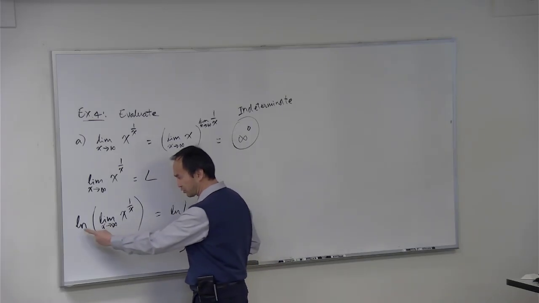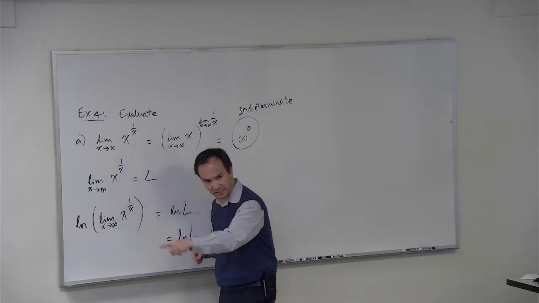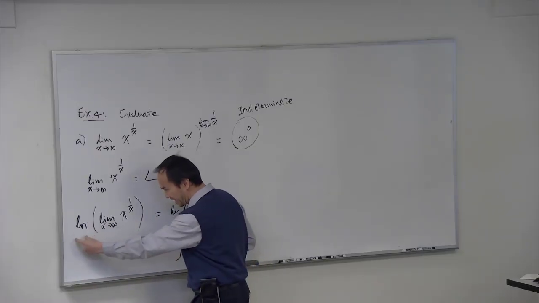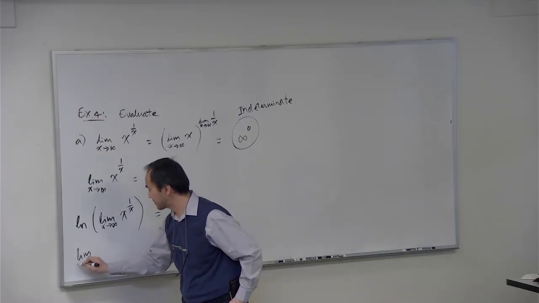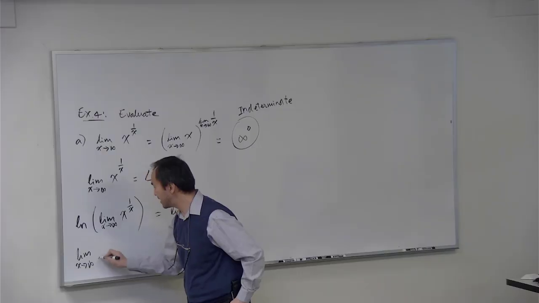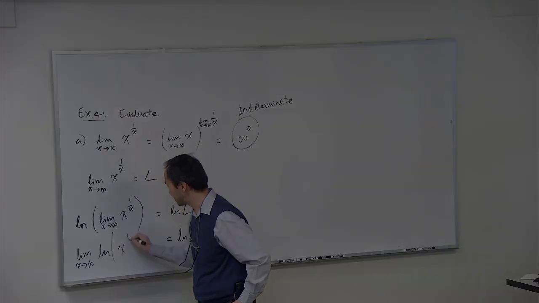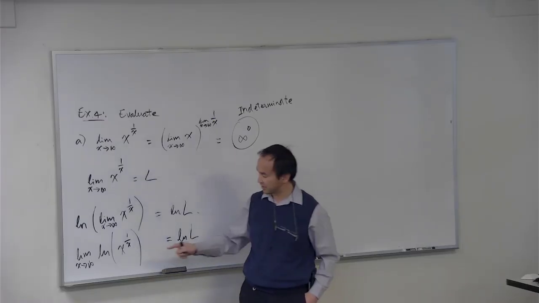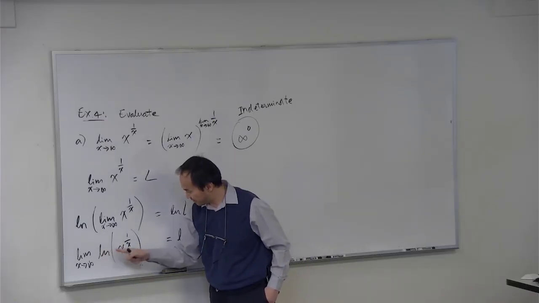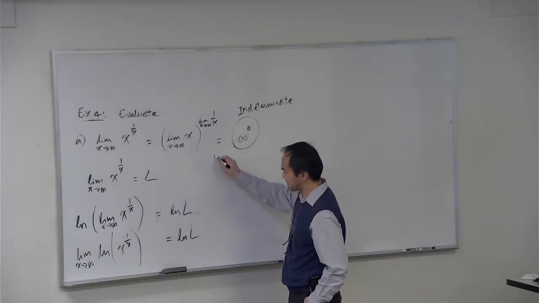Now remember, the natural log function is a continuous function. So taking the natural log of the limit is the same as taking the limit of the natural log of the function inside, all due to continuity. We can just swap the limit from the inside out. So now let's continue the steps.